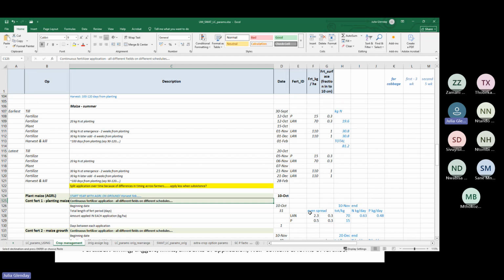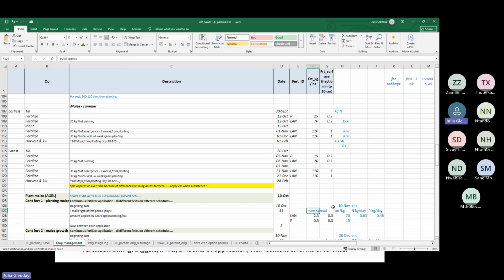A farmer may put all of it on in one day in reality, but over the entire landscape, if each farmer is putting it on a slightly different day, I've just spread the amount over a longer period of days, evenly over all the maize areas as a whole, so that it's not one day that everything is applied.